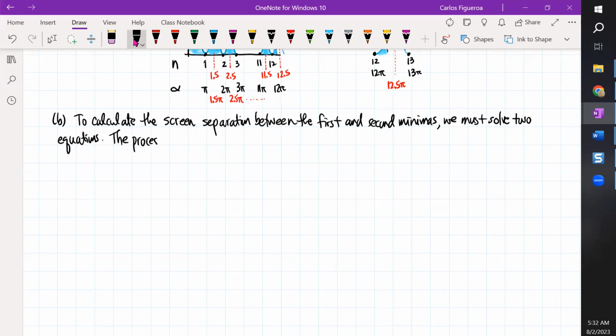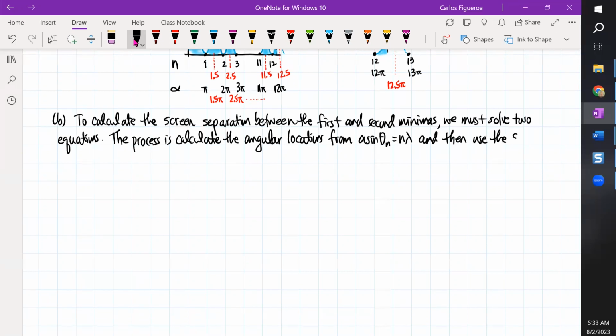The process is: calculate the angular locations from the sine of theta, the path difference equation that is, and then use the screen location equation to get y of n.